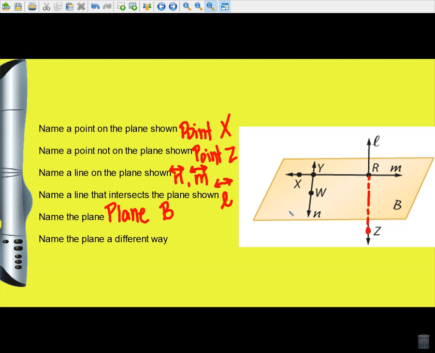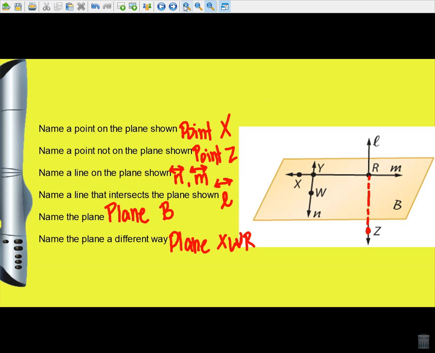That would have named the plane perfectly. As you can see, we need to name it another way, so I'll go ahead and just name this plane XWR. There are many ways that you could have named that. As long as you included those 3 points that are on the plane, you would have been great.